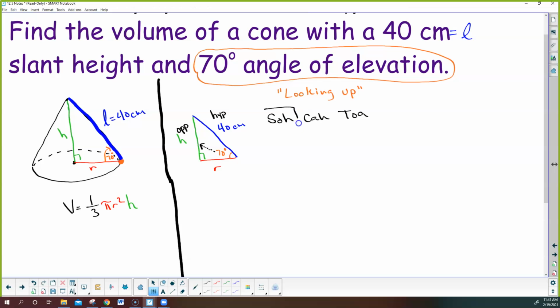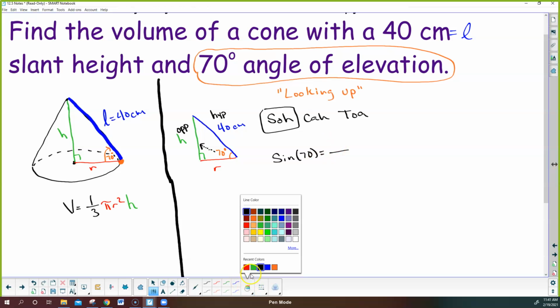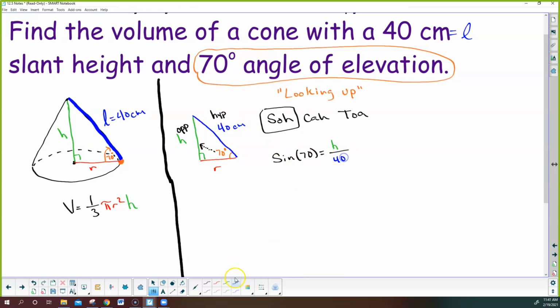So we're going to use the sine function. And it's sine of the reference angle is equal to the ratio of the opposite side, which is, I'll use green for that, we call that h, over the hypotenuse, which is 40. And then all we have to do is, if you want to make this a 1, you can make it a proportion and cross multiply.